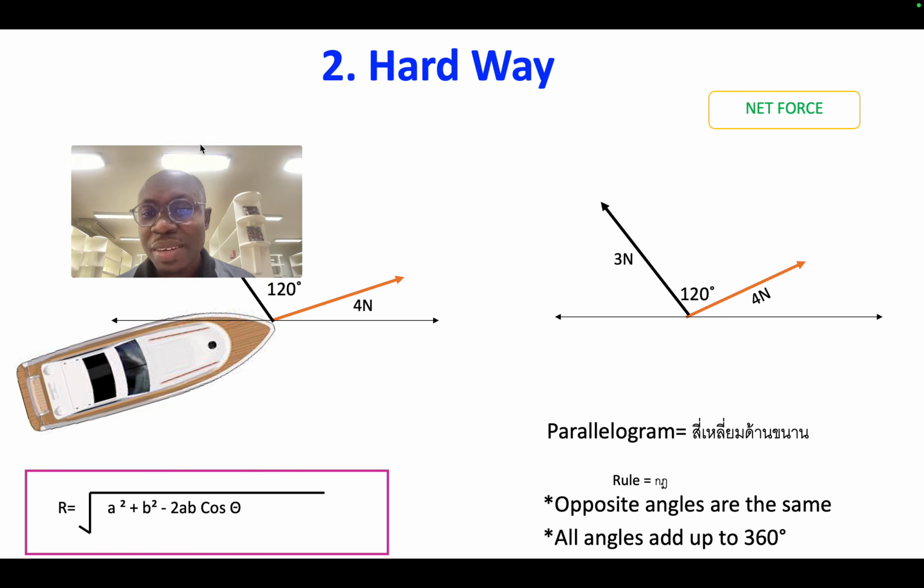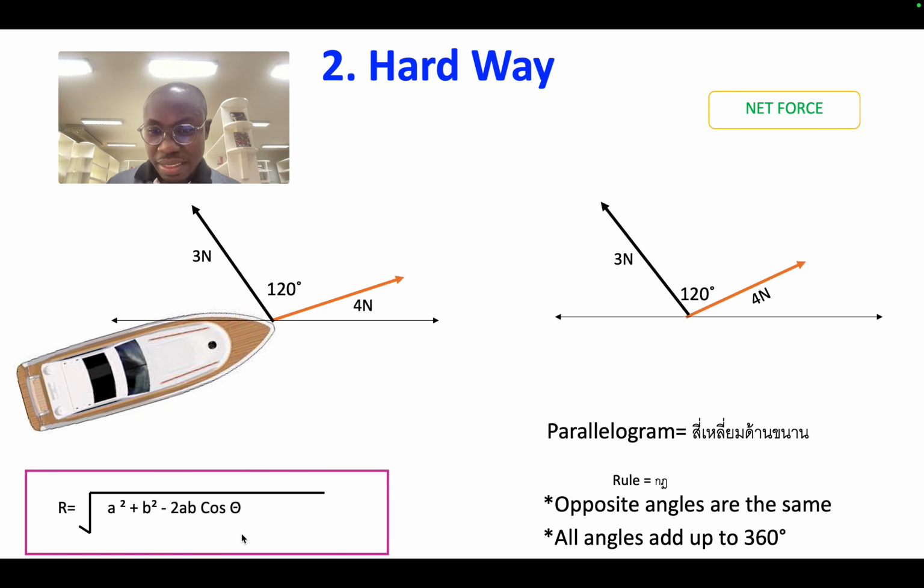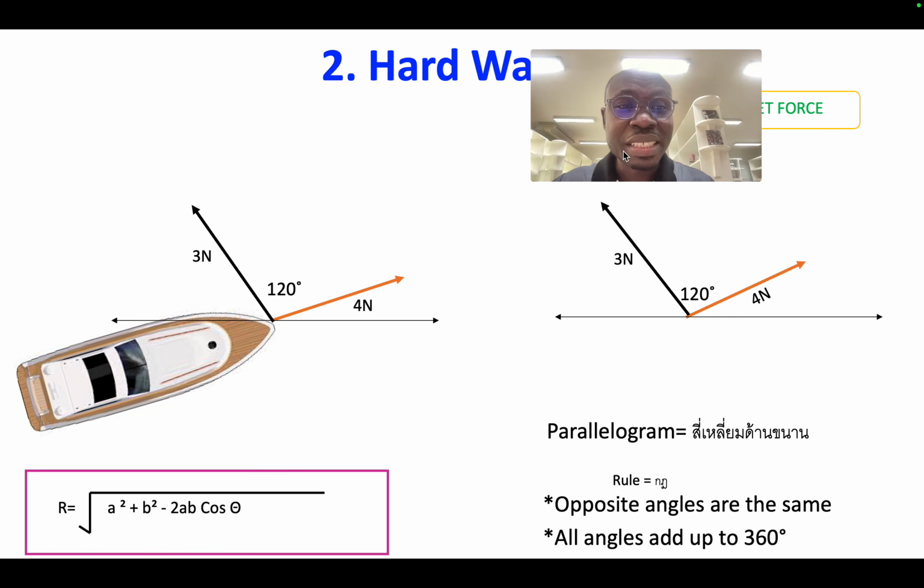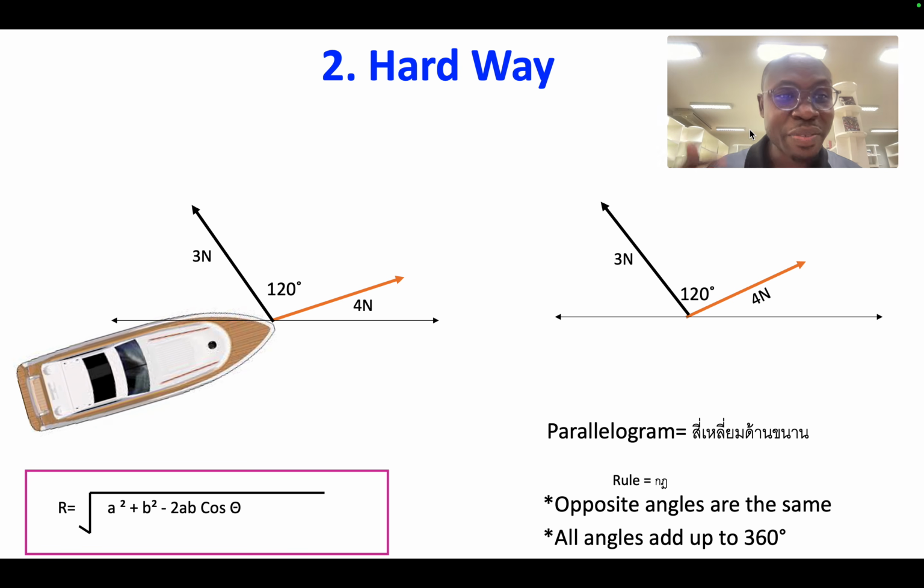So in the hard way, the theta is not 120. It is not 120 degrees, so we have to go and find the theta. This is why it is hard, okay? It is not 120, but let's look at how to find it. It's simple, okay? First, let's draw everything again.